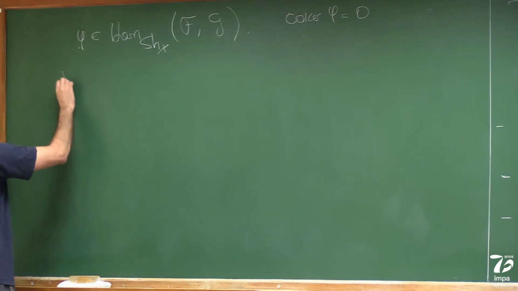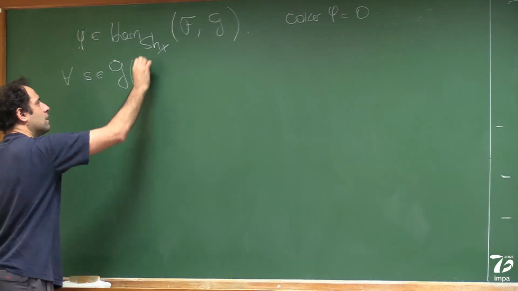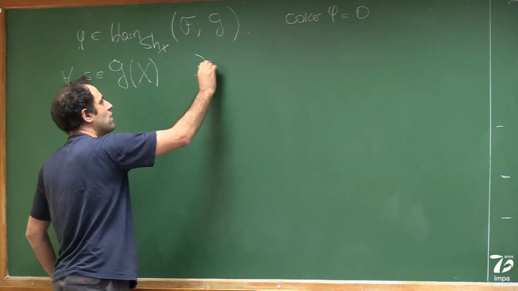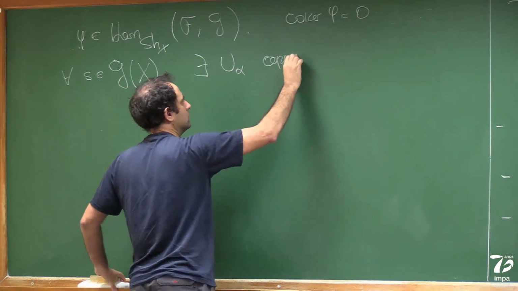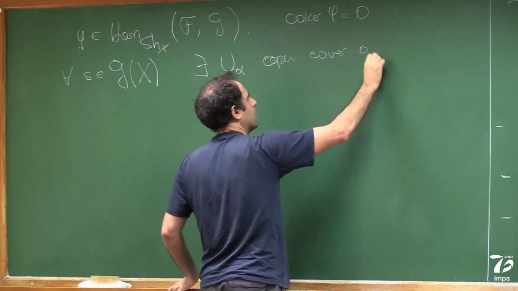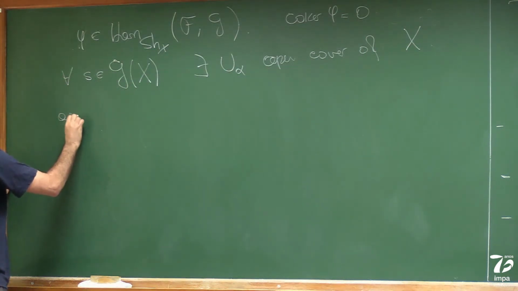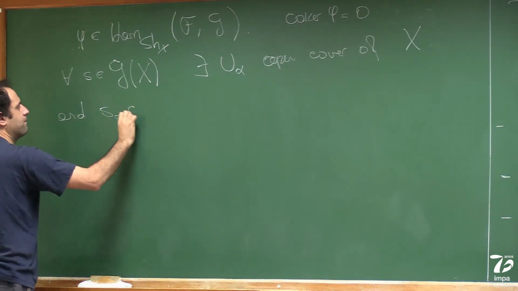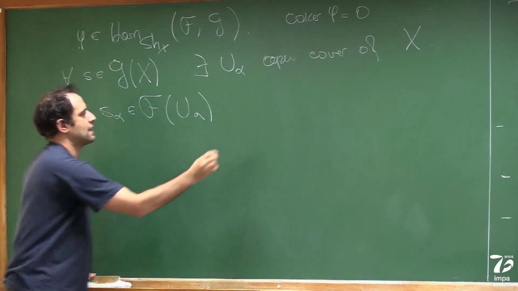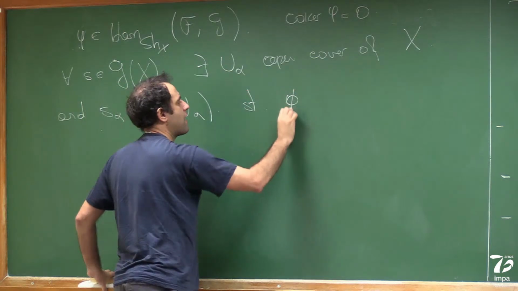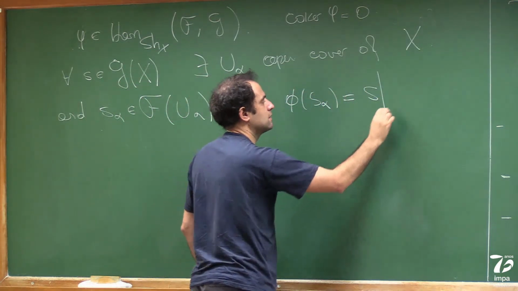Then for every section s of G on X, there exists an open cover U_alpha of X and sections s_alpha of F on U_alpha such that phi of s_alpha is equal to the restriction of s to U_alpha.